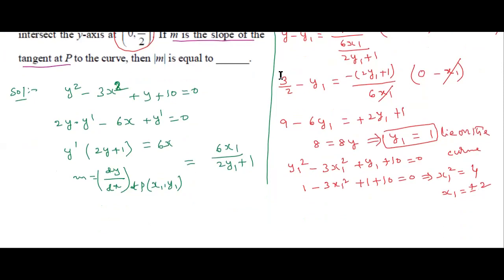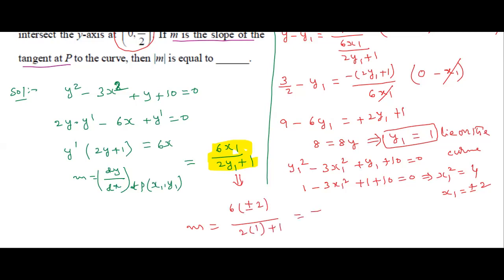But here we need to find the slope of tangent. Where is the slope of tangent? This is it only. So m is equal to, substituting x1 and y1 values, 6 into plus or minus 2 divided by 2 into (y1 plus 1).